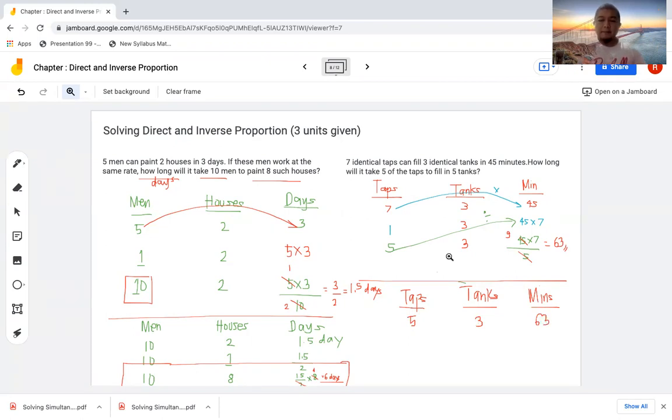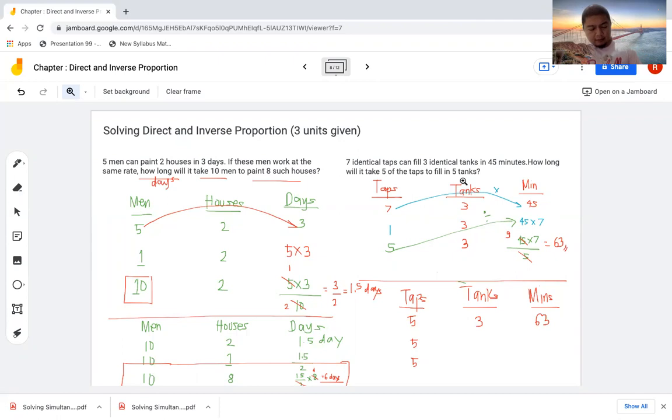Now this time, what we need to do is just the same thing. We make the number of taps the same here. So that means in here, you are going to make the number of taps constant. And the next thing that you need to do is to change the number of tanks from 3 going to 5.